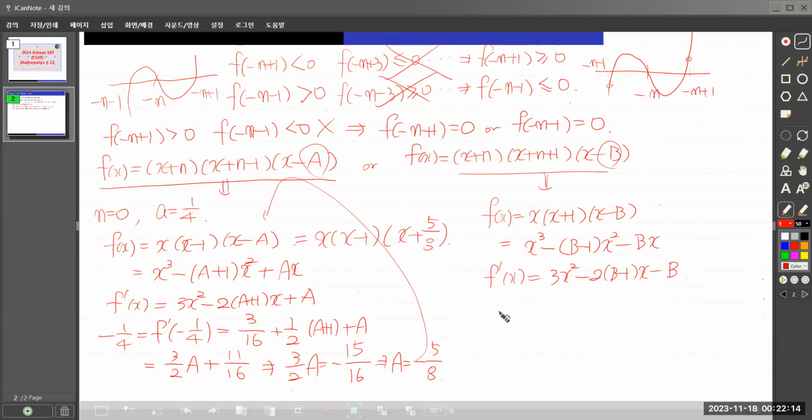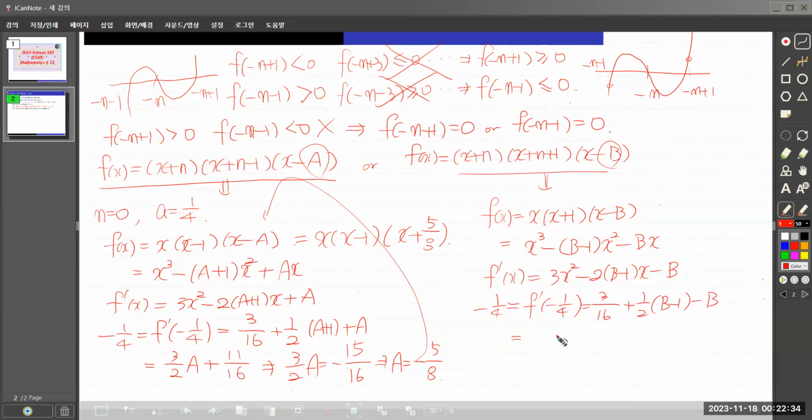So if you plug in negative a quarter, that is negative 1 quarter again, so plug in here, 3 over 16 plus 1 over 2 (b minus 1) minus b.